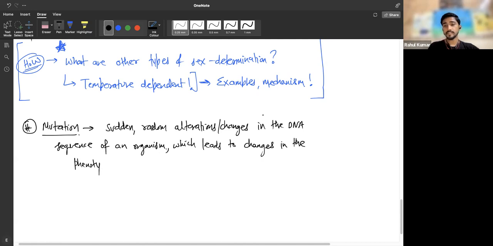If there is DNA changing, which means the genotype is changing, then there have to be changes in phenotype. Correct?